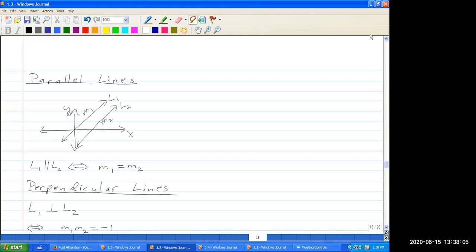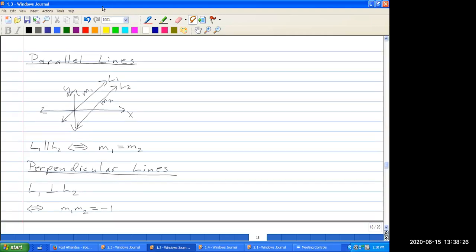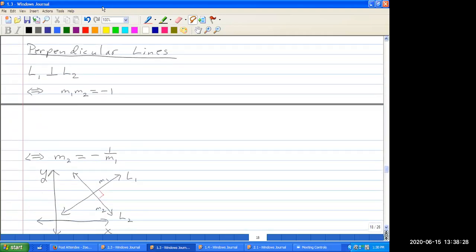If you just say this still holds even when it's undefined, it makes it easier. You don't have to say two cases. In general, we're sort of lazy and we just say it still holds even when things aren't defined.